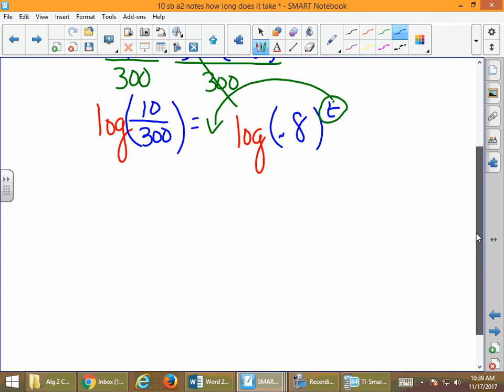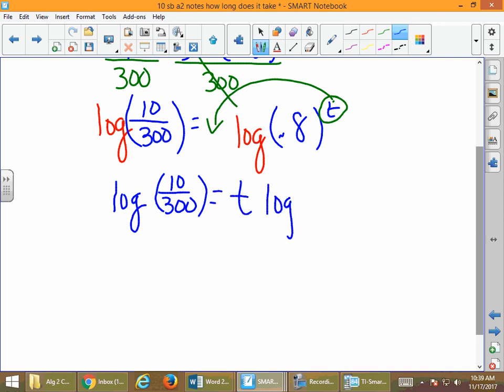And we're going to end up then with log of 10 over 300 equals t times log of 0.8.